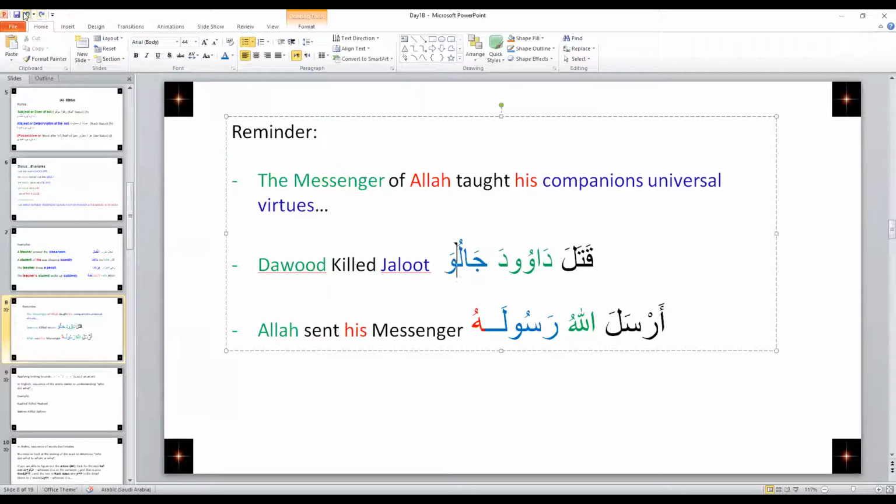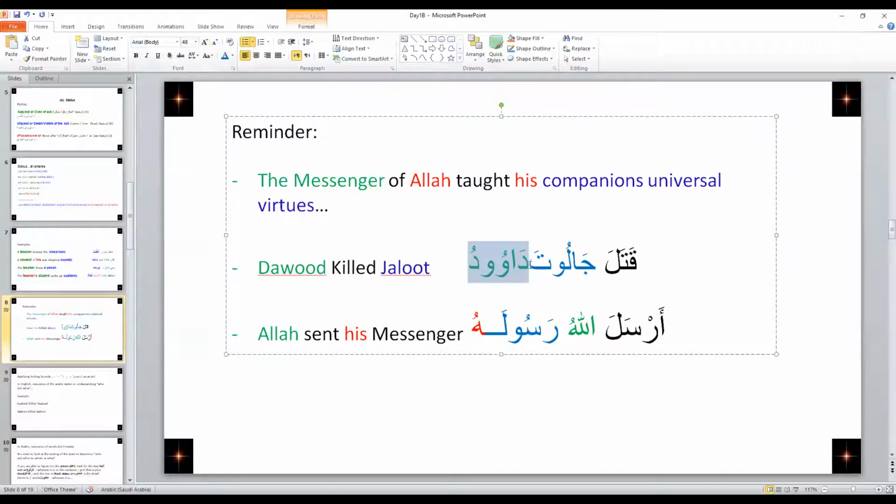So this word Dawood can be moved here, but the expression still stands the same. In Arabic, you can still say Qatala Jaluta Dawudu.